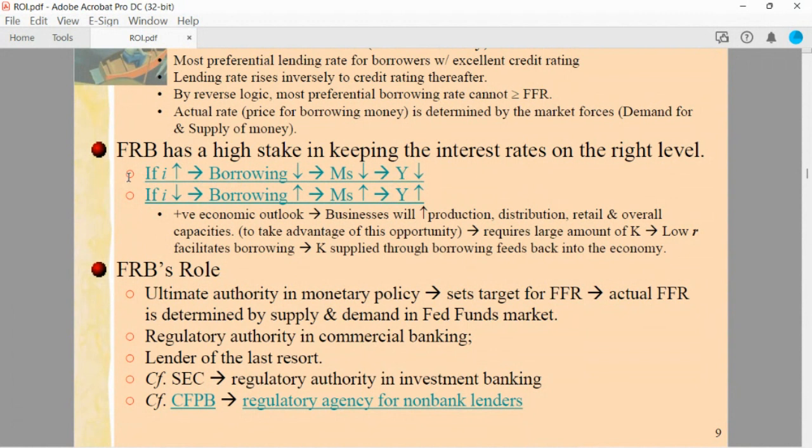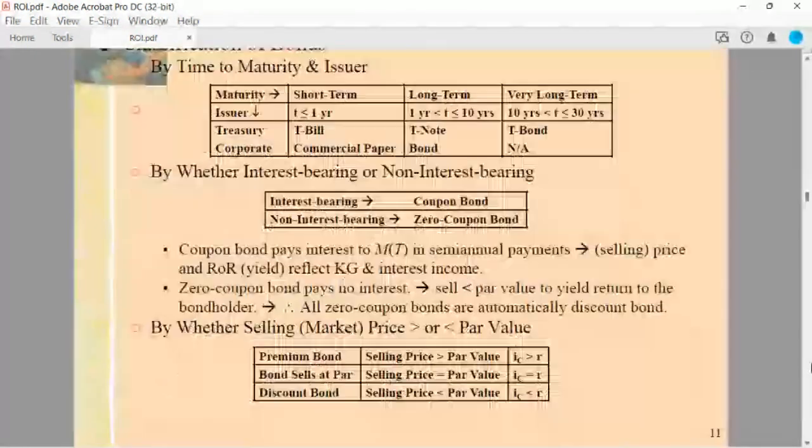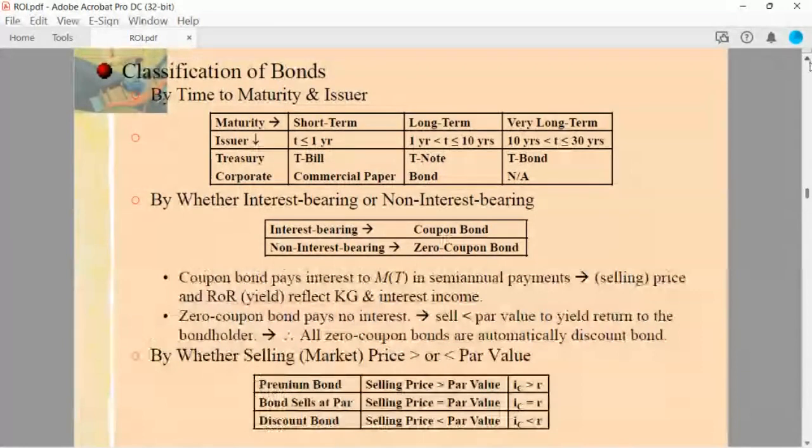So to change the short-term interest rate, you have to address the Fed funds rate and the 1 year Treasury bill, and for the long-term interest rate, you will need to address the 10-year Treasury note, or 10-year Treasury bond. So that brings us to some intro to the bond.